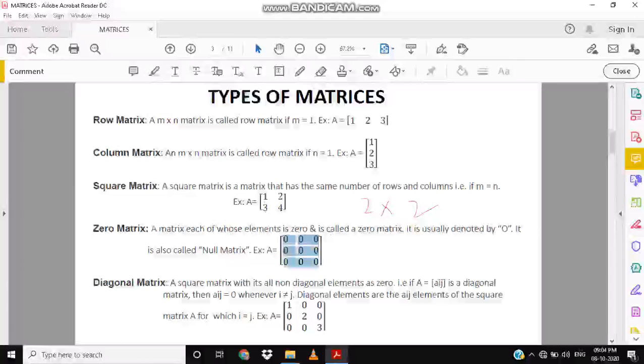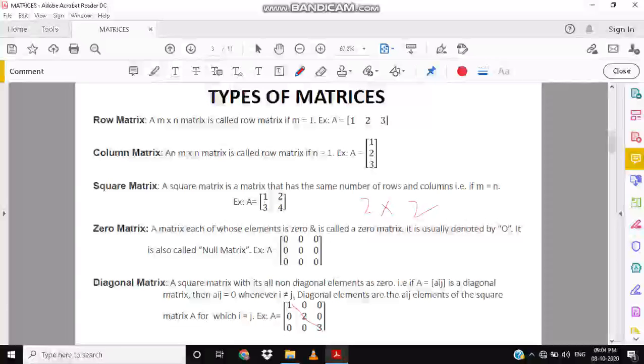Next is the diagonal matrix. What is it? The elements are placed in the diagonal section and the rest of the elements are zero. Then we call this matrix a diagonal matrix. Just see this. This is the diagonal of the matrix.